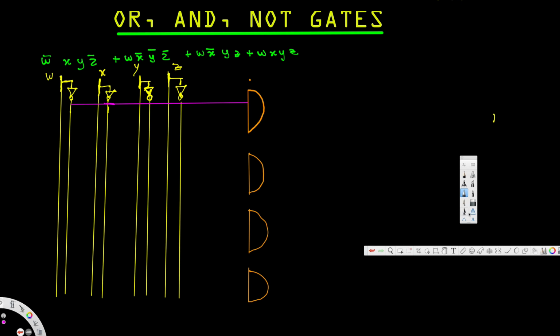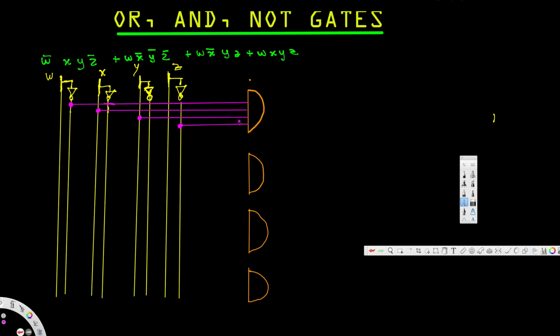Let's continue. So this is w bar, then x is going to be this one, then after that we are going to have y is this one, and after that we have z prime, that's going to be this one. Wherever we are starting, we are going to put a point right there to indicate it's connected to this one.